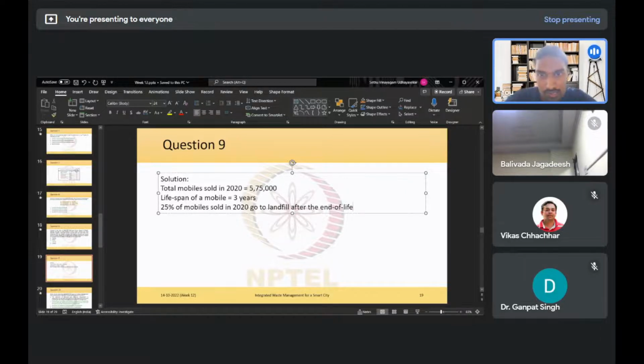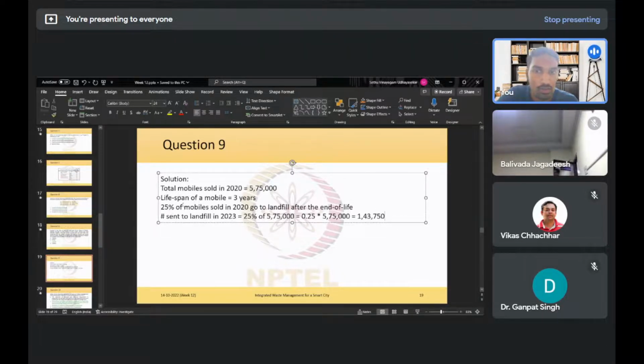So end of life is 3 years, which is 2020 plus 3 years, 2023. So the number sent to landfill in 2023 is nothing but this 25% of the sales that happened in 2020, which is 5,75,000. So this is 0.25 times 5,75,000. If you do that calculation, it will come out to be 1,43,750. So this is the number of mobiles that end up in landfill by 2023.